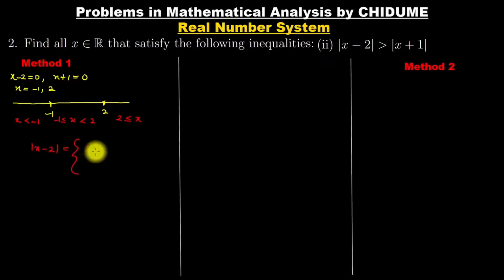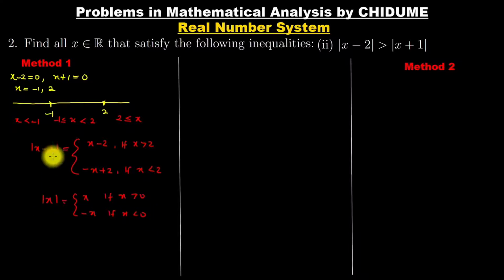So this is going to be x minus 2, that's if my x is greater than 2, and this is going to be negative of x minus 2, that's if x is less than 2. And how do I obtain that? Look at it. It just follows directly from here. That's if x is greater than 0, and negative x, that's if x is less than 0.